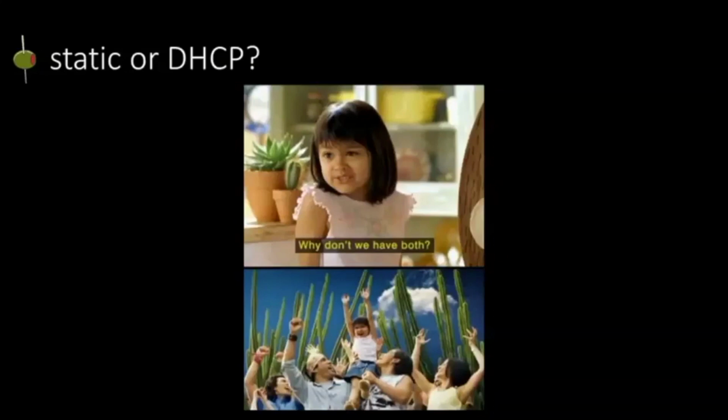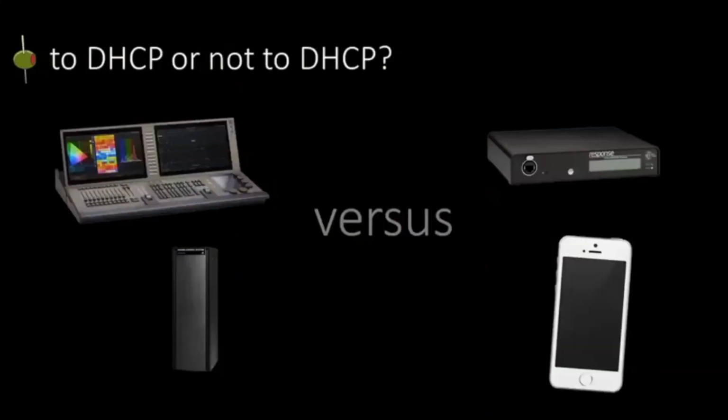So you need to consider what things you want on each side of the line. Some things that are good for static IP addresses, consoles that link with other systems, right? I want those to always have the same IP so my sound system or QLab or whatever can interact with it. Dimmer racks are good for static IPs because they're literally bolted into your building.